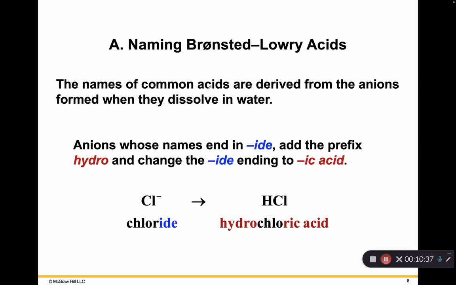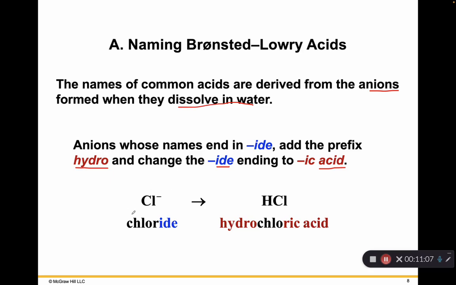The names of acids, first we will talk about acids, then we will learn about bases. The name of acids are derived from the anion that is formed when they dissolve in water. It means that for anions whose names end in "ide," add the prefix hydro and change the "ide" suffix into "ic" acid.